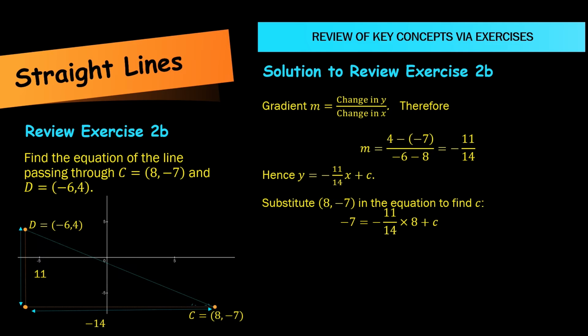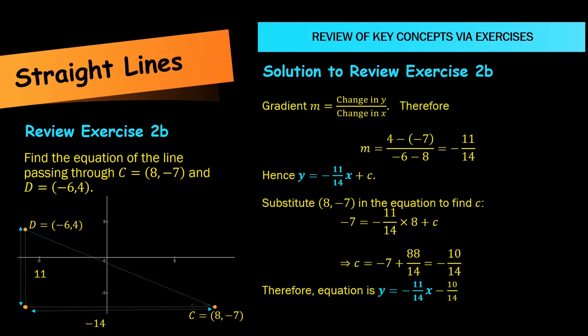We rearrange to obtain −7 + 88/14 = c. And tidying up gives us that c is equal to −10/14. Therefore the equation is y = −11/14 x − 10/14. And multiplying through by 14 gives us that 14y + 11x + 10 = 0.